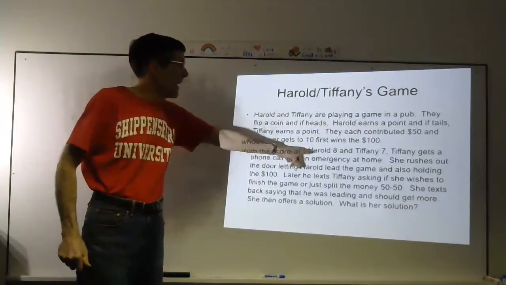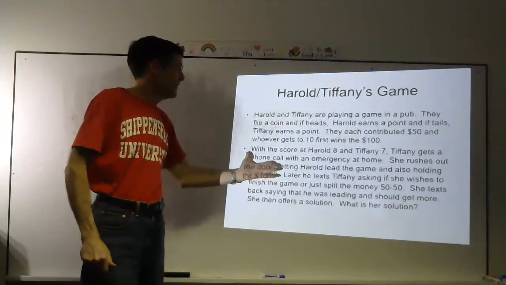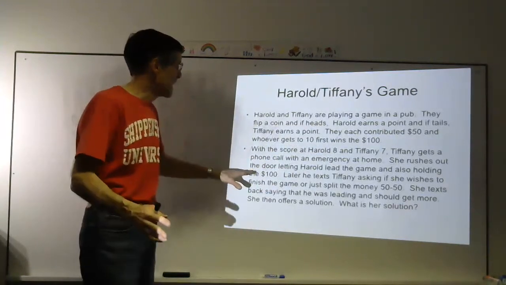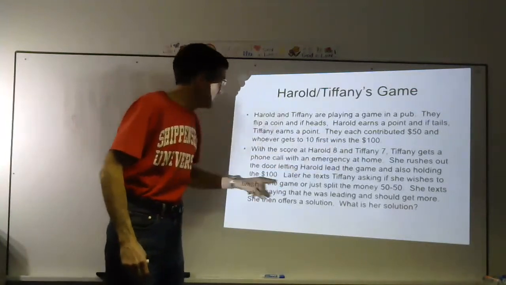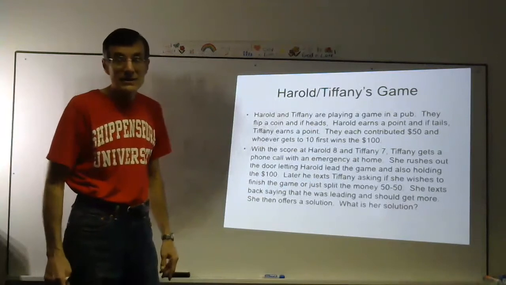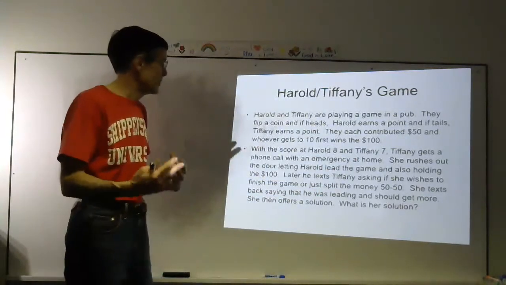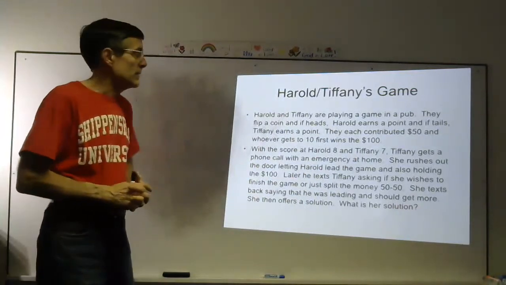Now, the score is Harold 8 and Tiffany 7. Tiffany gets a phone call with an emergency at home. She rushes out the door, letting Harold still lead the game and also holding the $100. Later, he texts Tiffany asking if she wishes to finish the game or just split the money 50-50.